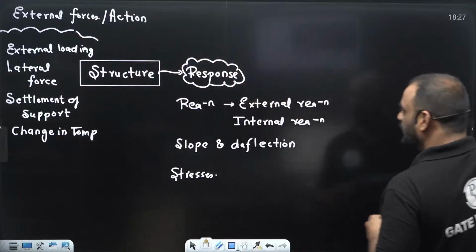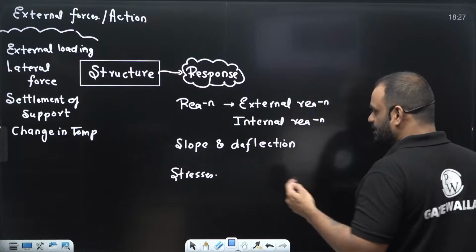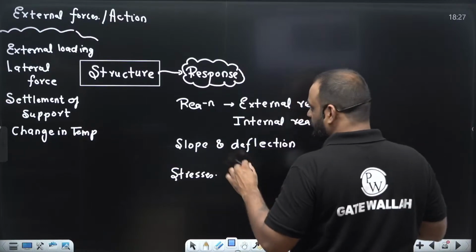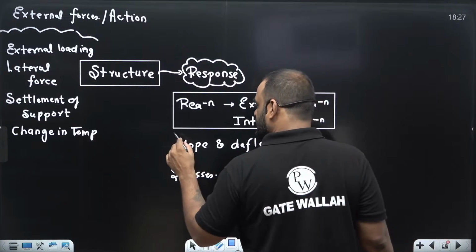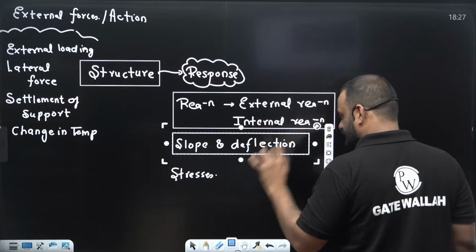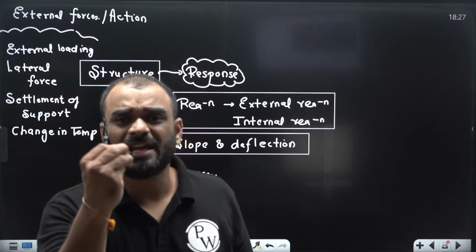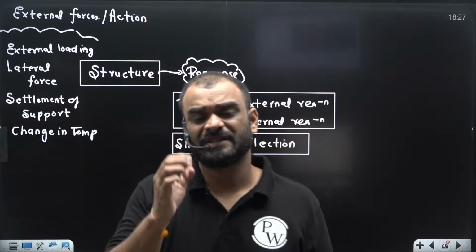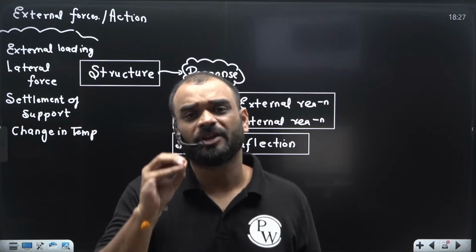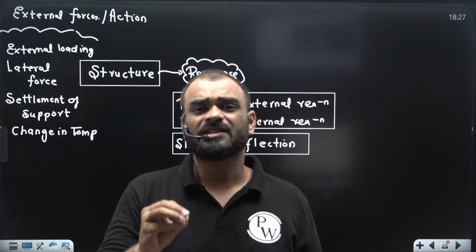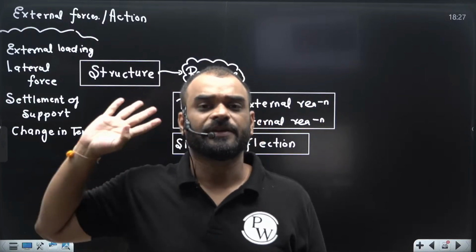Clear? Now, guys, in this particular indeterminacy part, we'll take two major portions. One is reaction, and second is slope and deflection. So guys, if you know all the reactions in a structure, whether external reaction as well as internal reaction, that means your structure is analyzed completely.